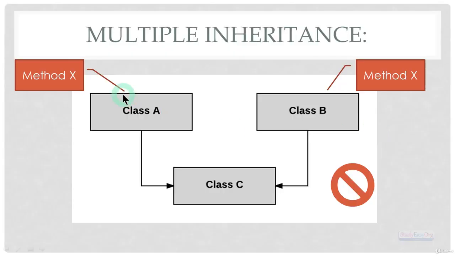In a scenario where we are making use of multiple inheritance and a common name entity is available in our parent classes, definitely our application will crash, right? As a result, to safeguard against this kind of ambiguous situation, Java doesn't allow multiple inheritance.